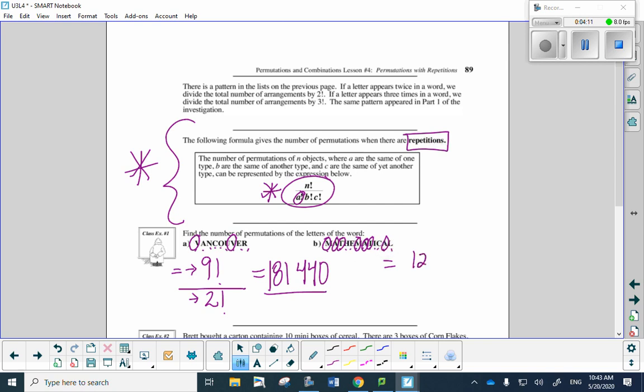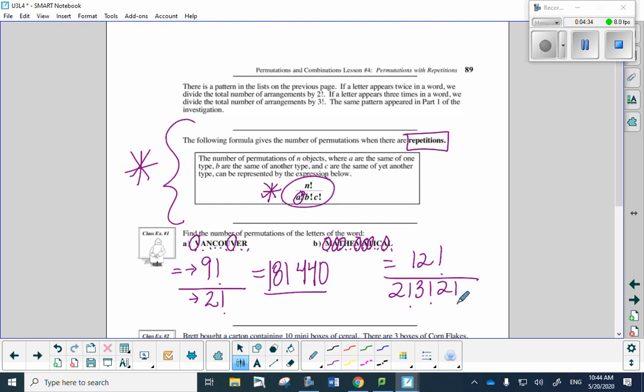So this is 12 factorial divided by, okay, let's look at the M's first. How many M's are repeating? There's 2, so this would be 2 factorial. Look at the A's. How many A's are repeating? There's 3, so this would be 3 factorial. And then lastly, T's, there's also 2, so this would be 2 factorial.